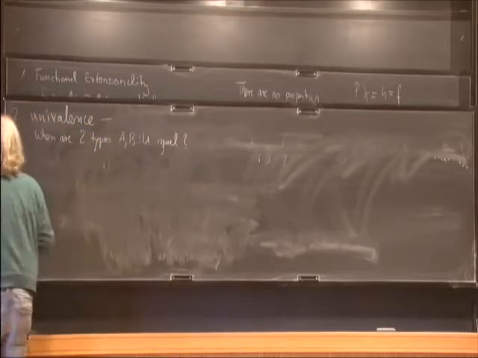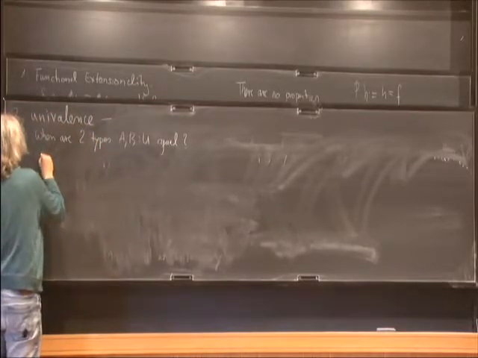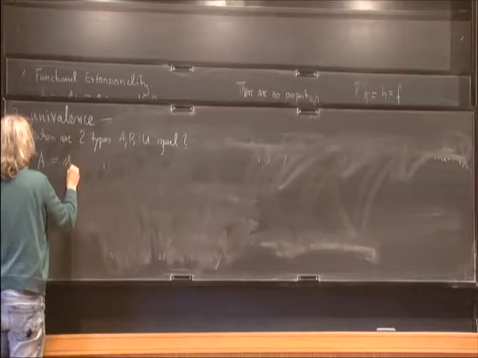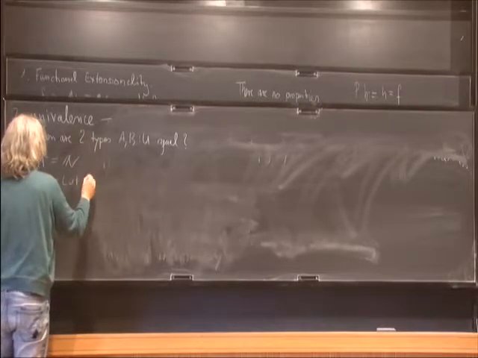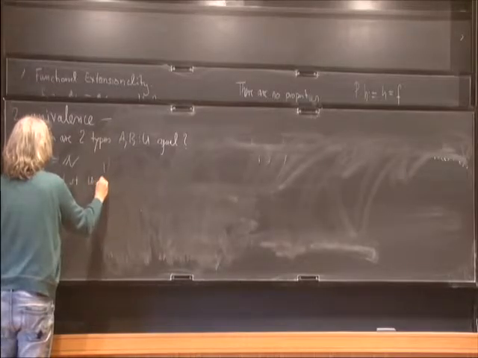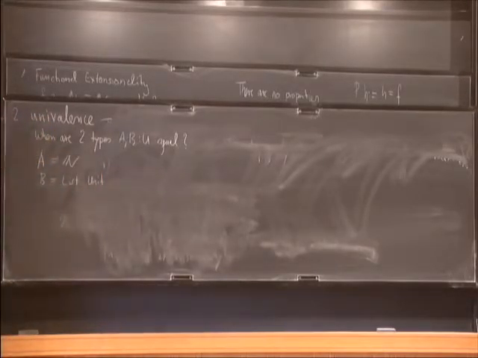And we can just, for concreteness, have a similar situation. We say A is the type of natural numbers, and B is the type of lists over the unit type. Just the type with one element.